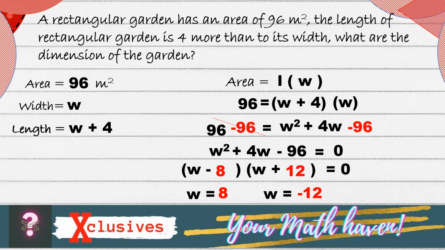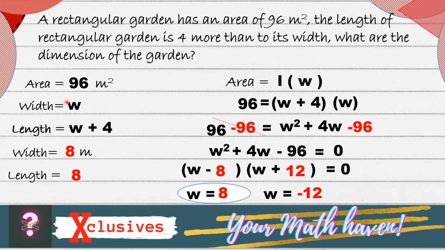Remember, we will not use the negative value since we are talking about measurements. So we will use the positive result, W equal to 8. So our value for width is 8.